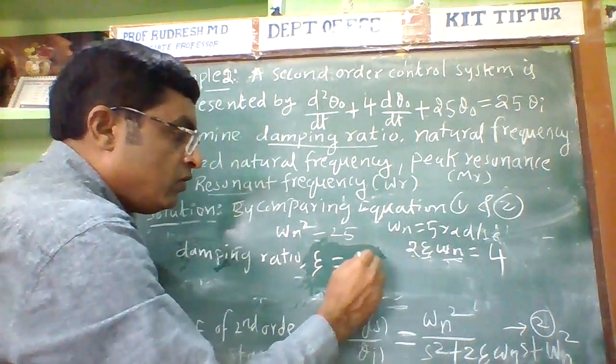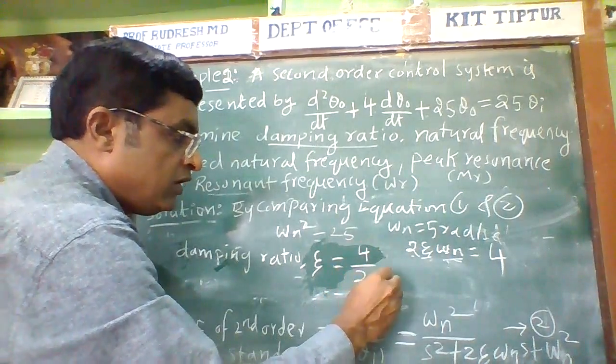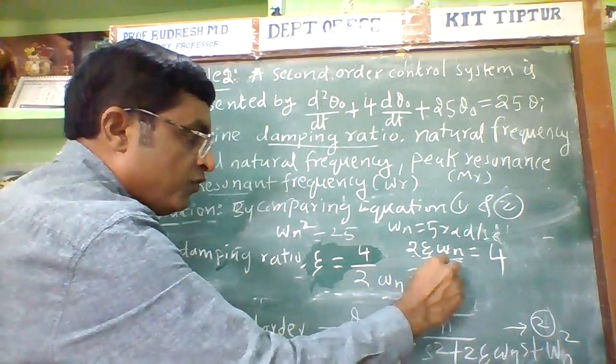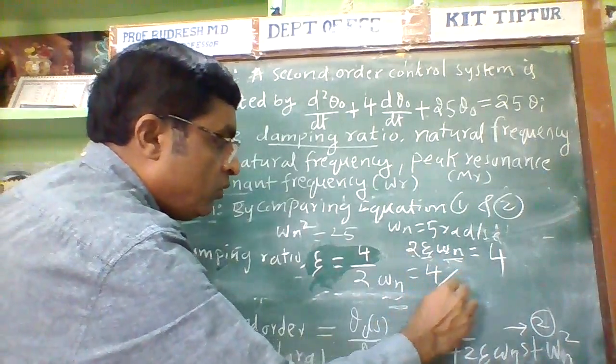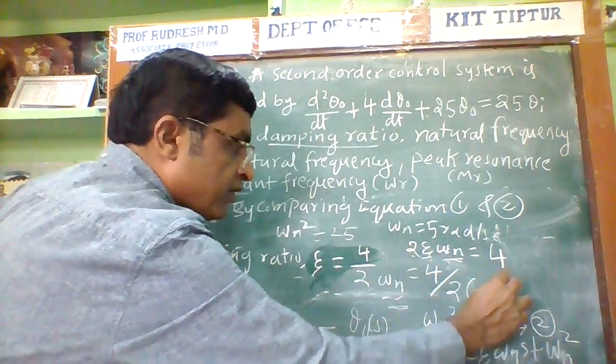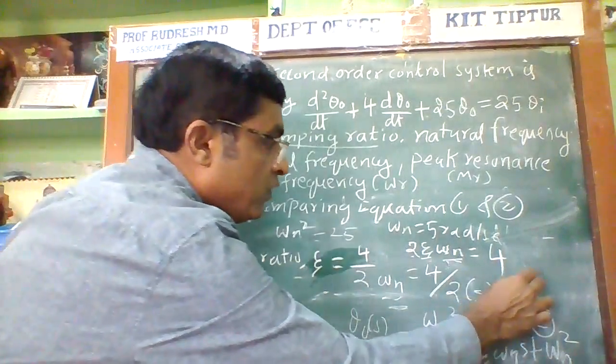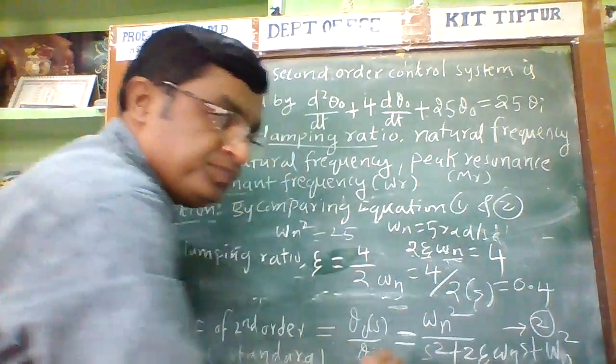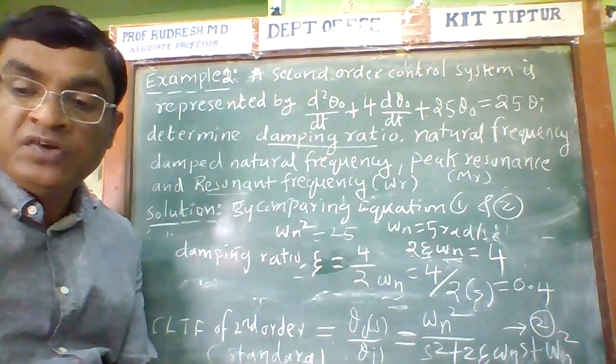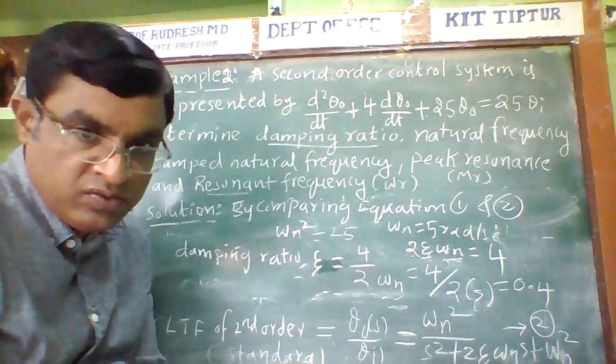Zeta is equal to 4 divided by 2 into omega n. Therefore 4 divided by 2 into omega n, whose value is 5, is equal to 0.4. The zeta value is equal to 0.4.